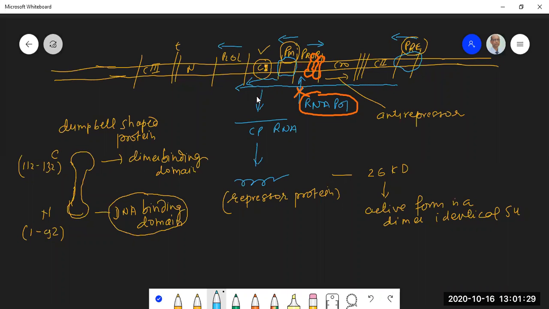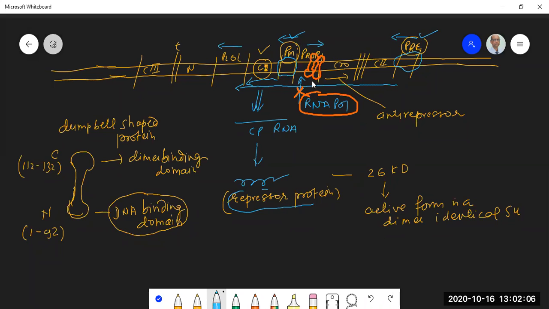CI will be translated, and you will have this repressor protein synthesized again. So after the first few molecules of repressor, all other repressor molecules are synthesized by the transcription of CI by RNA polymerase starting from promoter PM. The first few molecules are synthesized by the transcription of CI by RNA polymerase starting from PRE.